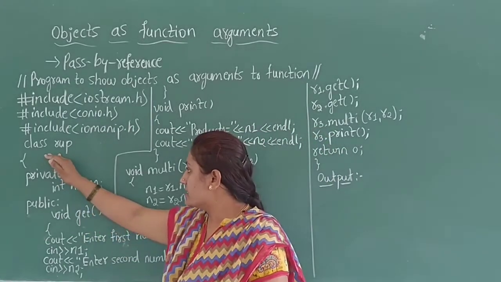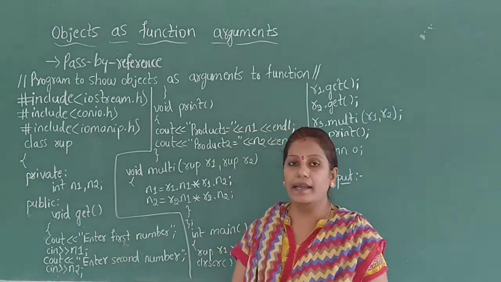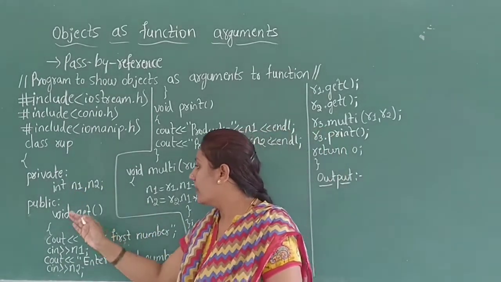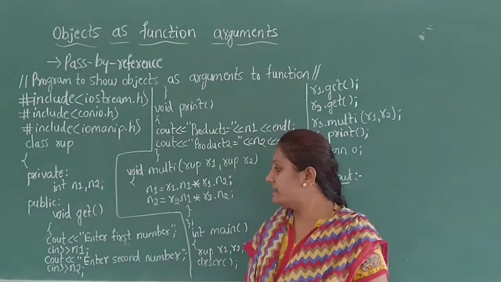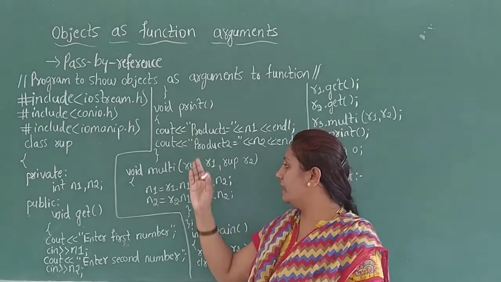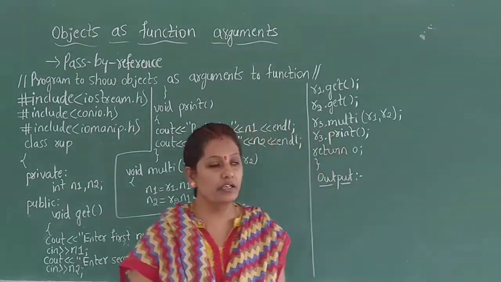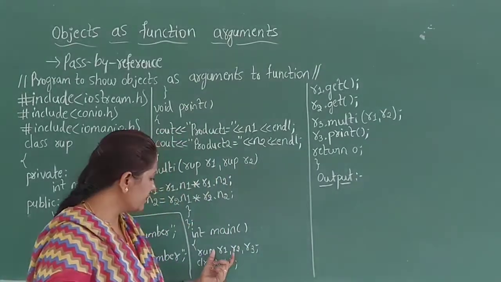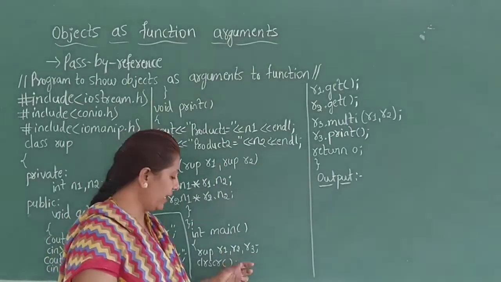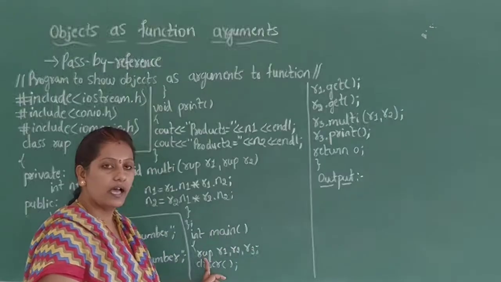First, it creates class RUP and makes data members N1 and N2 and reserves the memory location for them, and creates the member functions get, print and multi. Then it goes to the main function where it creates three objects R1, R2, R3 using class RUP.